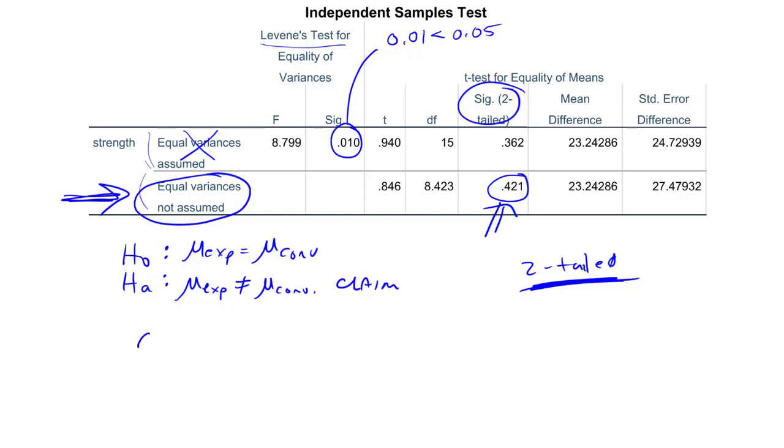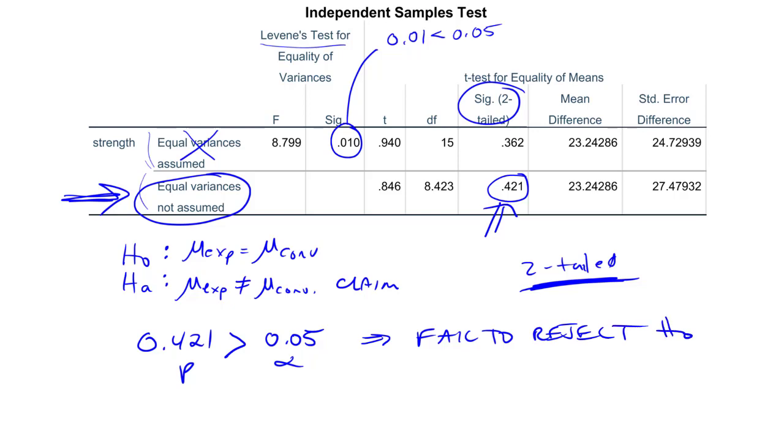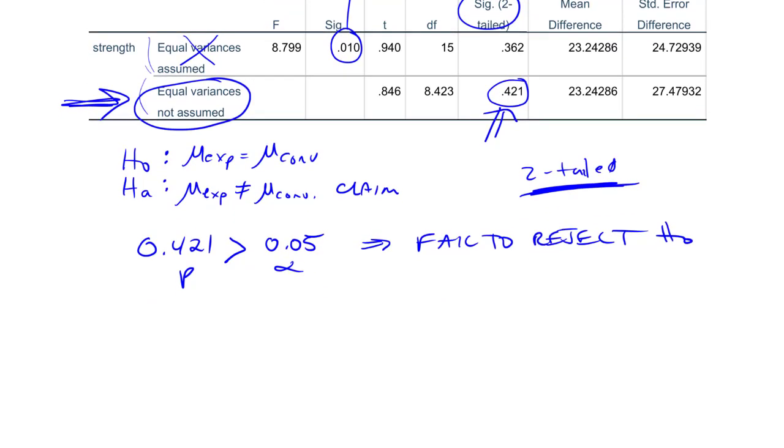But in this case, I take that p as is, I compare it to the given alpha, it's greater than, so I fail to reject H0. Claiming the alternative, support.